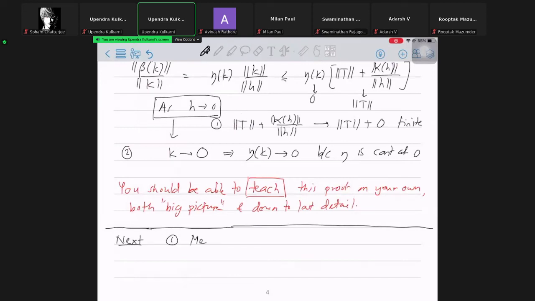So one is, or even before that, derivative as a function. So characterization of C1 maps, characterization in terms of partial derivatives.